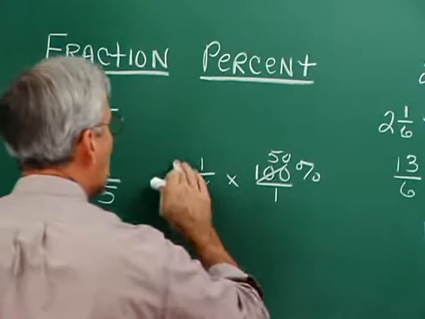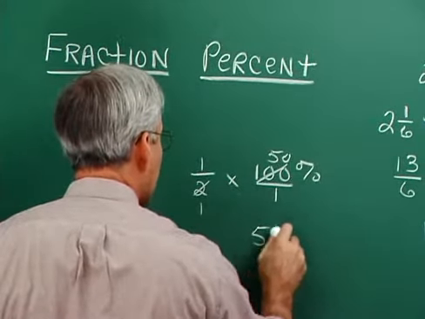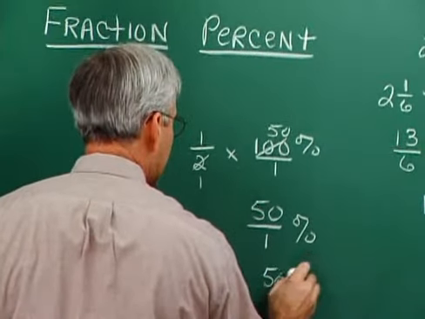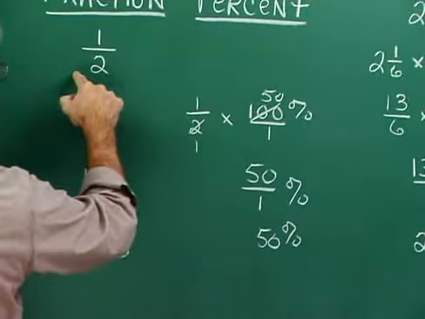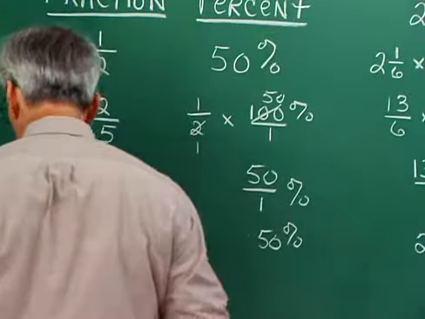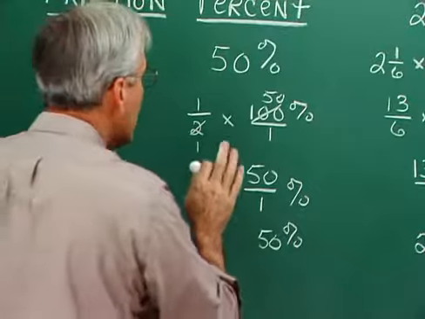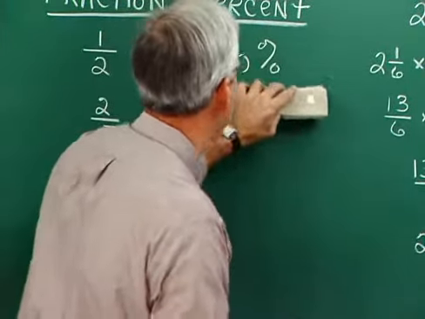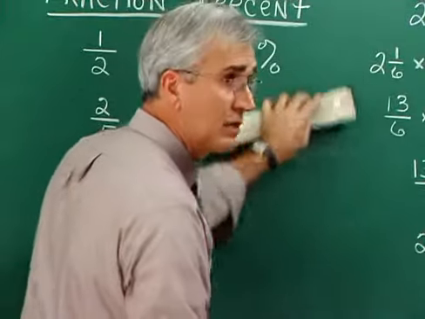So this is really 1 times 50 is 50. 1 times 1 is 1. So this is 50%. So 1/2 is 50%. That's a good way to go through the process because we have a manipulation that we're very familiar with, that will get us into this percent world.